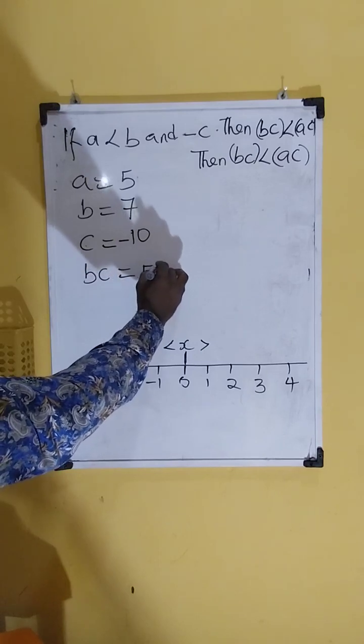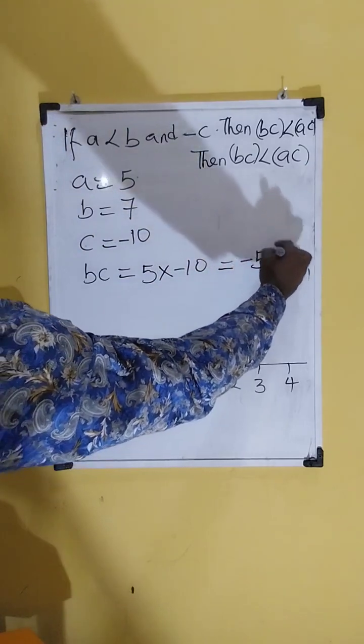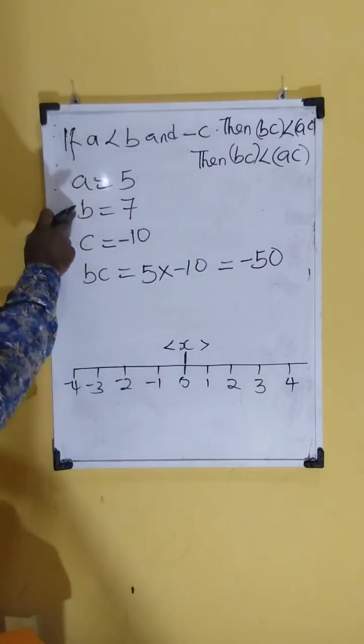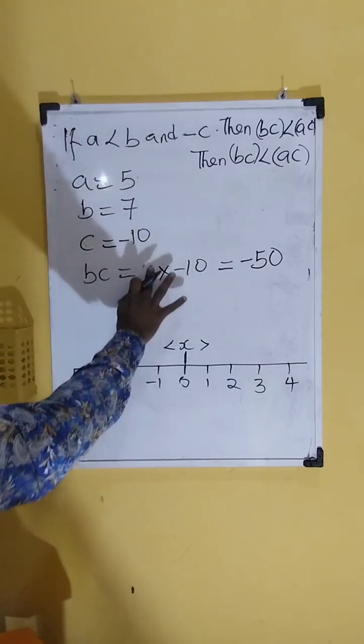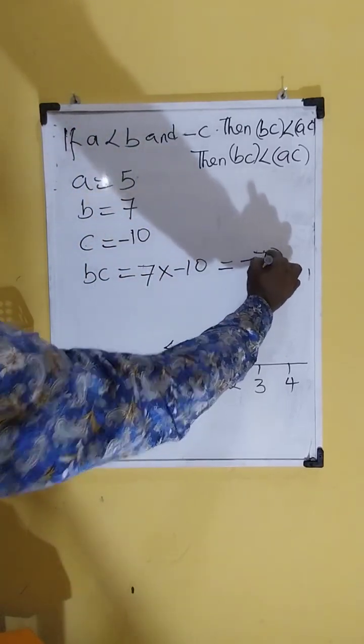Someone should help us with the calculator. 5 times minus 10 should be minus 50. Okay, thank you. That's minus 50. No, BC is supposed to be 7 times minus 10, which is minus 70.